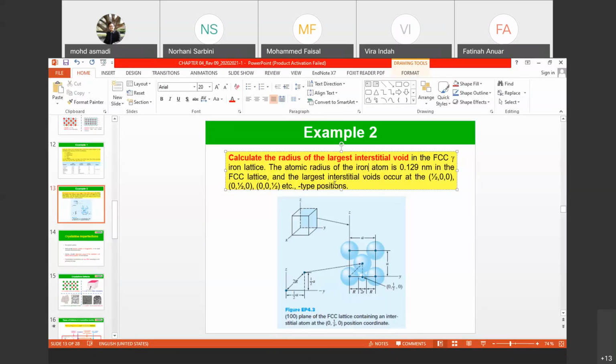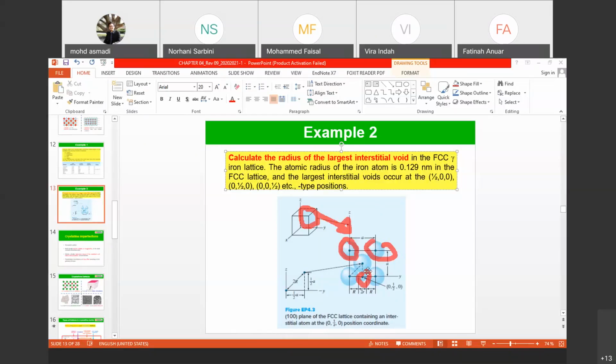If you look here, the plane is 100 from the figure below. If you enlarge this plane, we can see the atoms, a large atom as well as a small atom. This is iron, and then there are interstitial voids.